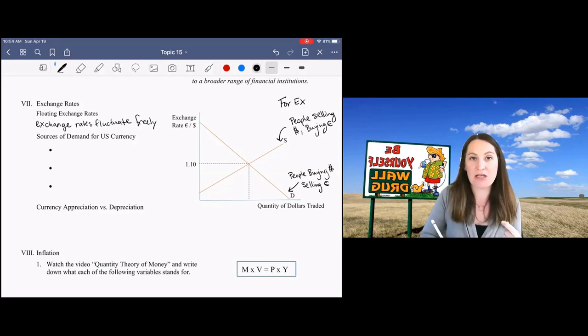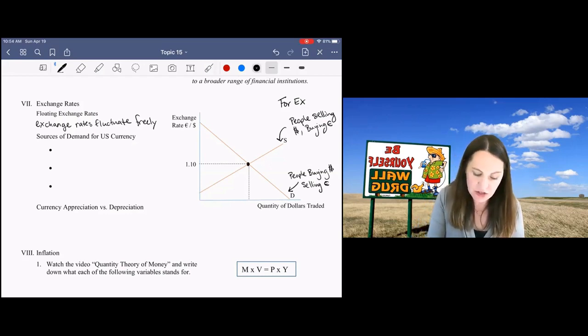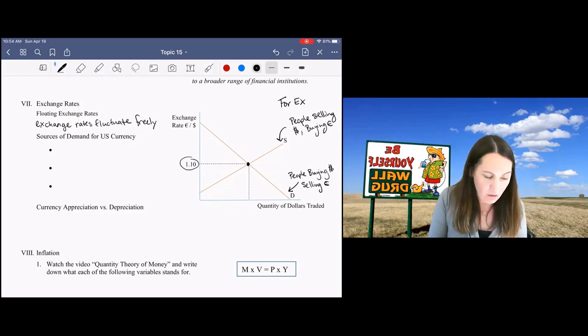So you can start to see how we could write this market two different ways. But in any case, supply and demand for dollars in this market is going to lead to some equilibrium exchange rate for dollars against the euro.